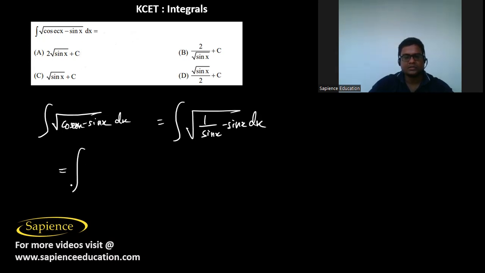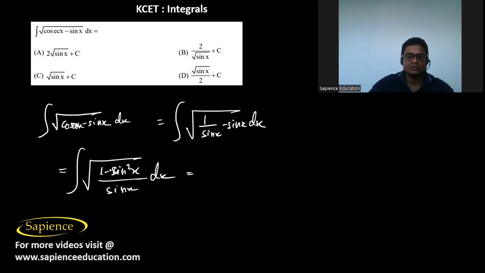So this can be written as integral root over, if you take LCM, 1 minus sin square x by sin x dx. So root over 1 minus sin square x is cos x. So integral cos x dx divided by root over sin x.